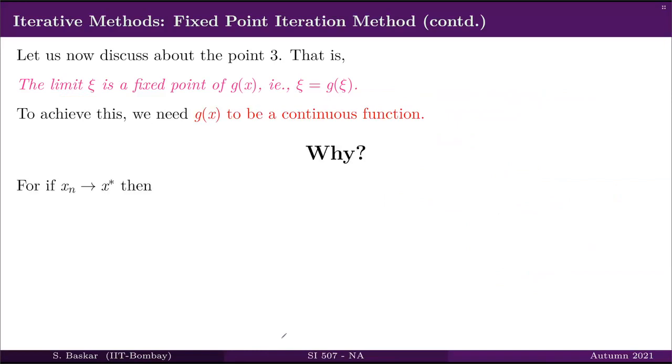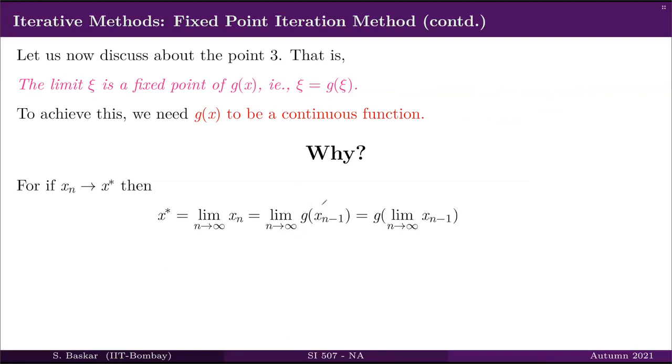Again, I'll tell you that if I assume g to be continuous, then whenever my sequence xn converges to a limit, say x star, I can write x star equal to limit n tends to infinity xn, and that is equal to limit n tends to infinity g of xn minus 1, because that is how we have defined our sequence.